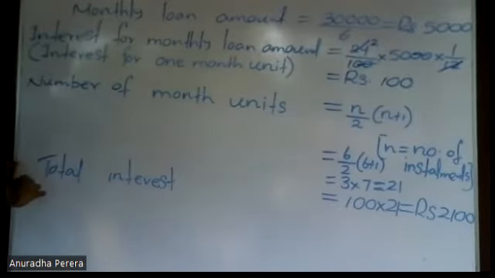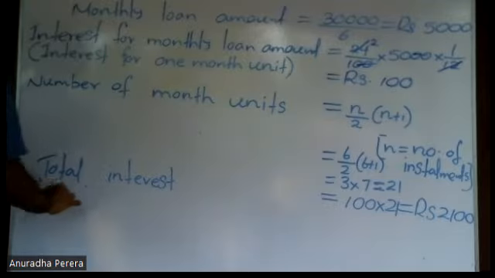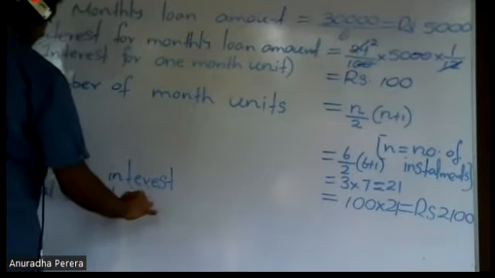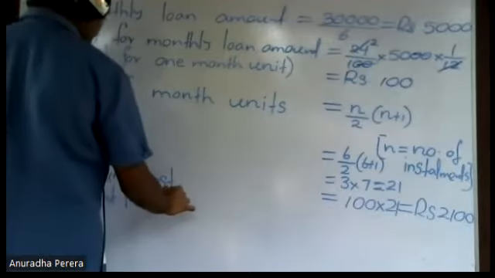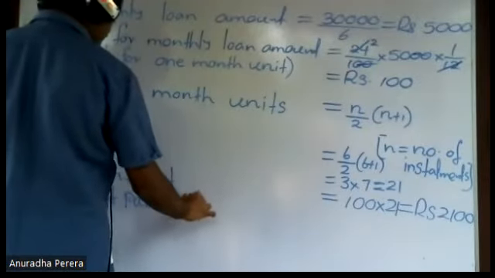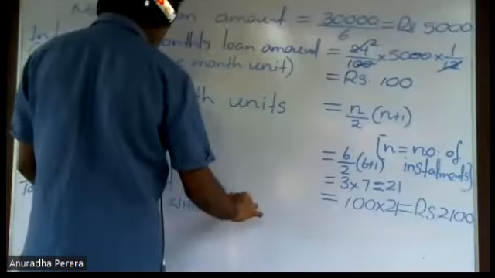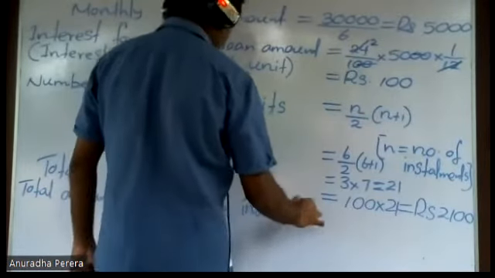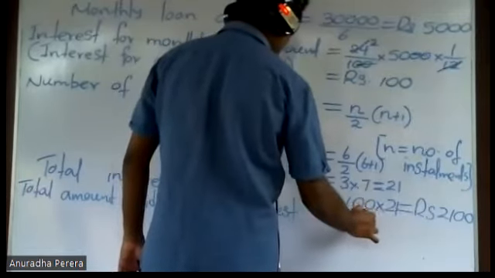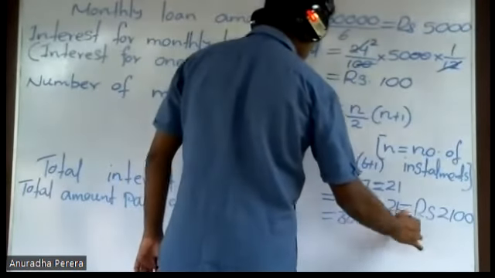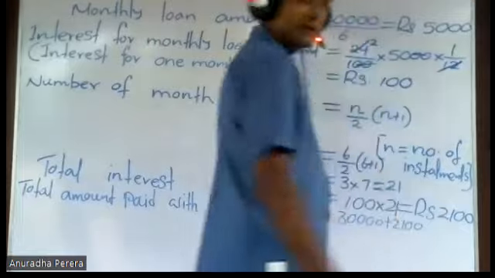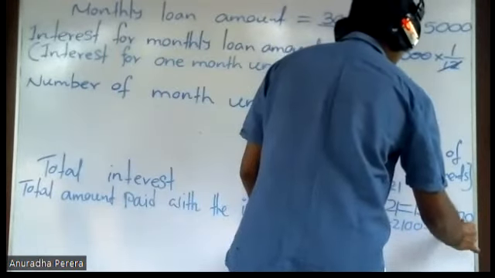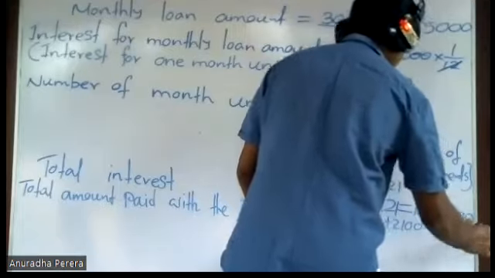Now determine total amount paid with interest. Loan amount is 30,000 plus 2,100. The total amount is 32,100.